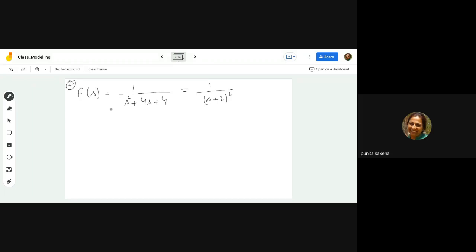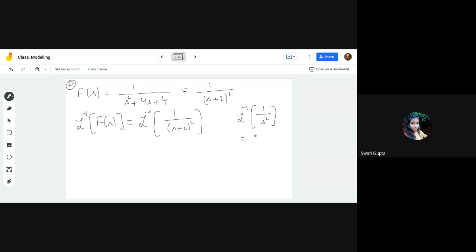Now, to find the inverse Laplace of this, see, had it been inverse Laplace of just 1 upon s square, what would it have been? Just t, right? But now we have (s plus 2) whole square.